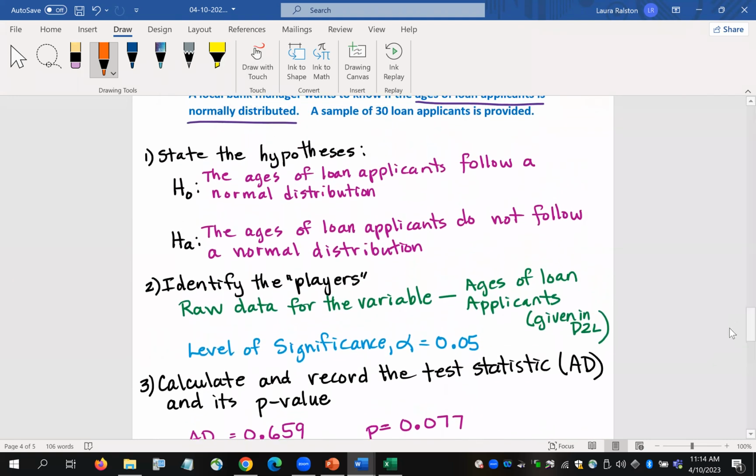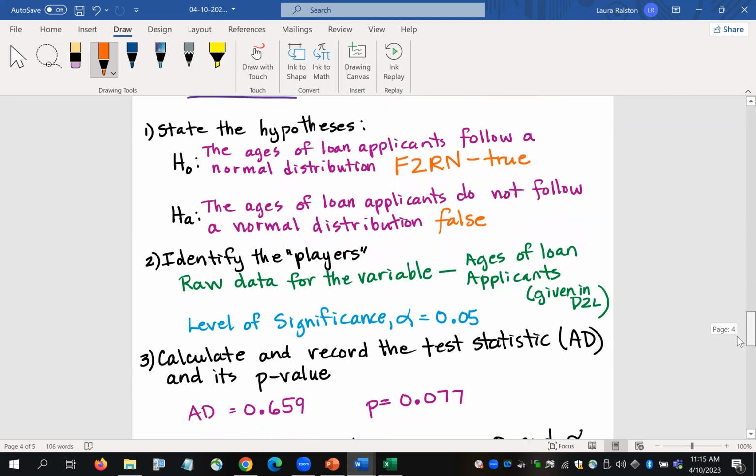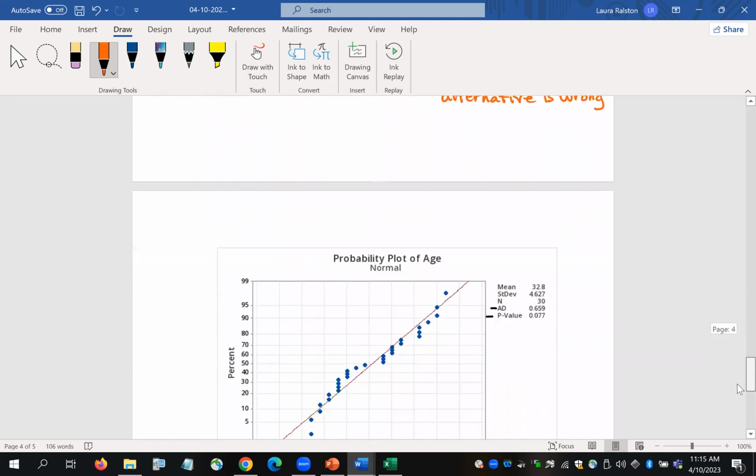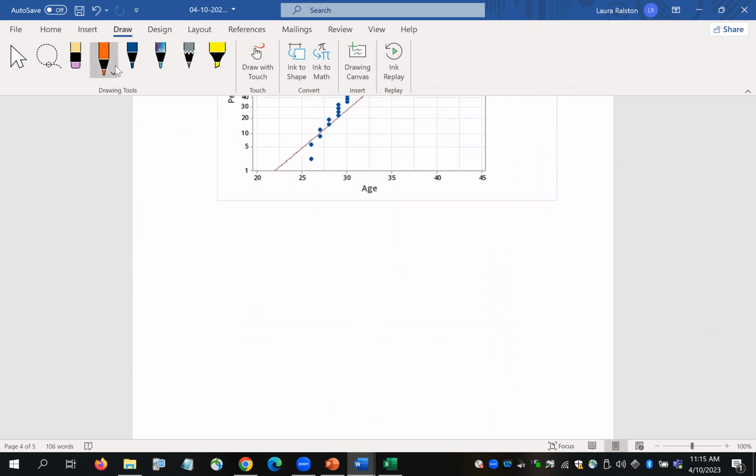In this case, we fail to reject the null, which means the null is true and the alternative is false. So based on the evidence that we have, the ages of the loan applicants does follow a normal distribution. So then we would write our final conclusion.